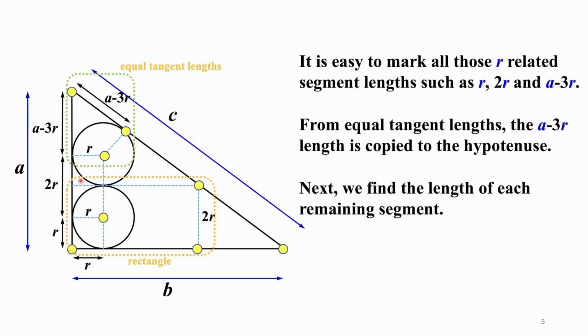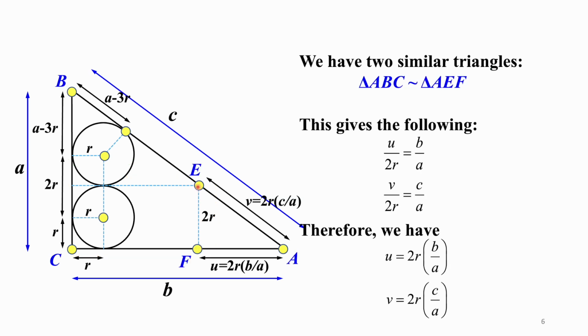Now let's take a look at the length here. Because this is a common tangent, it's parallel to side B for sure. Therefore, the length going from this point and this point is 2R. We let this point be E, this point be F, and this point be A, B, and C. The right triangle AEF is similar to the given triangle ABC.